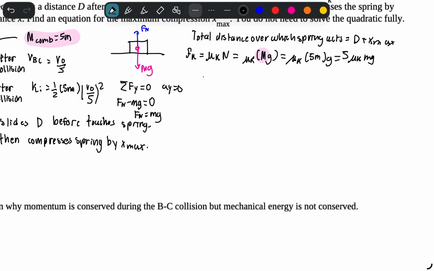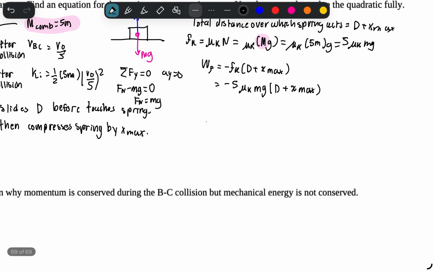5 mu k mg. Work done by friction is negative F k times d plus x max. That's equal to negative 5 mu k mg times d plus x max. And then we have energy with non-conservative work.